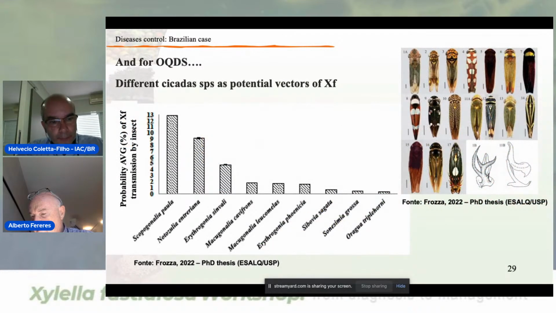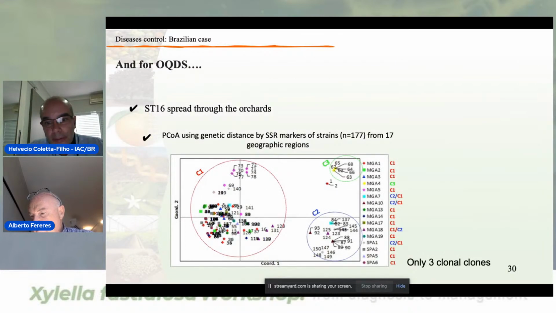Also, one of John Lopes's students showed that there are different vector species associated as potential vectors of Xylella, with variable transmission efficiency, as was also shown for citrus. And when using more variable molecular markers like SSR markers, you can see that there are only 2 different clones present in the infected plants.